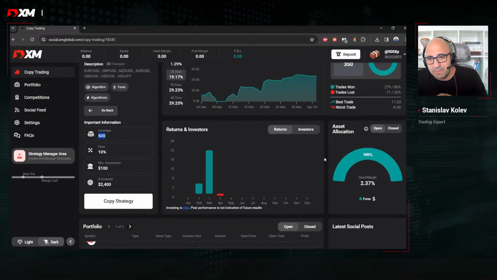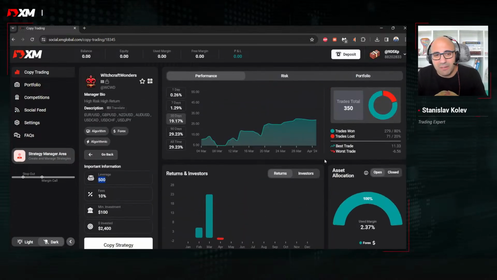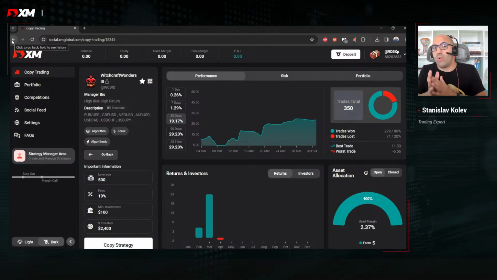However, they are not as volatile and as unpredictable, let's say, as crypto or as exotic currencies or Turkish lira related, etc. So we're going to add the other guy here. And the best part is that you don't need to only follow one single person. You could follow multiple of those traders simultaneously.